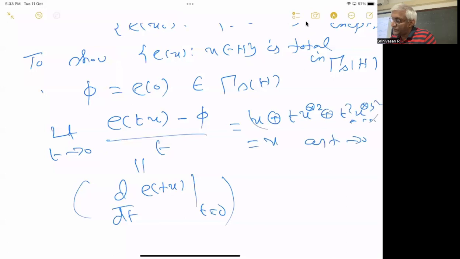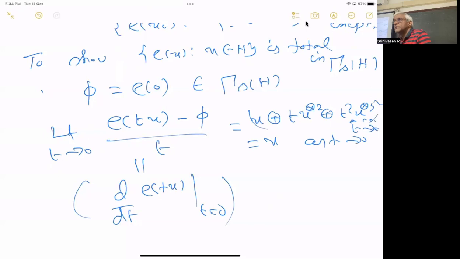It starts with 0 direct sum u direct sum... but the phi I have taken out. Phi is removed. E of tu is phi direct sum tu direct sum t square u tensor 2. Phi minus phi should be 0. Yes, 0 divided by anything is 0.